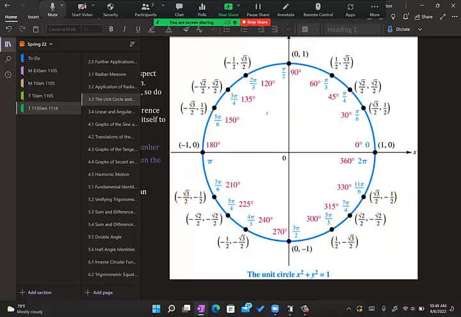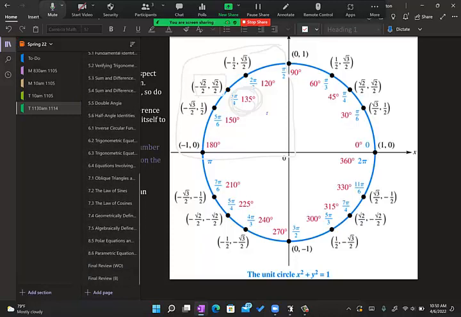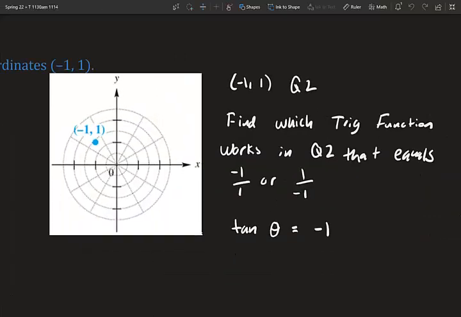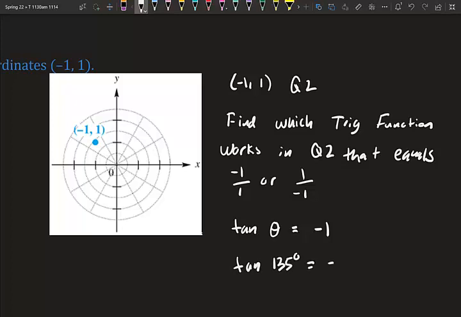All right, looking in Q2, right here, we need 2 of the same values that equal negative 1, and that's right here, 135. 135, it's the same thing over the same thing. So that's why we're going to use 135. So we know tangent 135 equals negative 1. We know that.